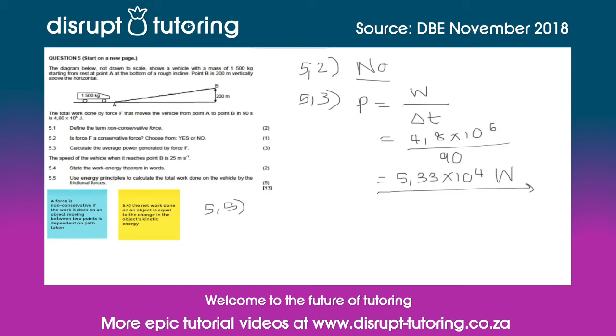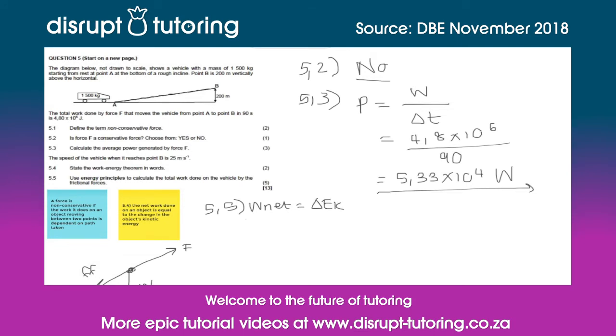If we draw a little free body diagram in the corner, we have a force F, which is by the engine, a frictional force, which is down the slope, and a weight force, which is going vertically downwards. If we split up the work for each of those components, we start with the net work equal to the change in kinetic energy.